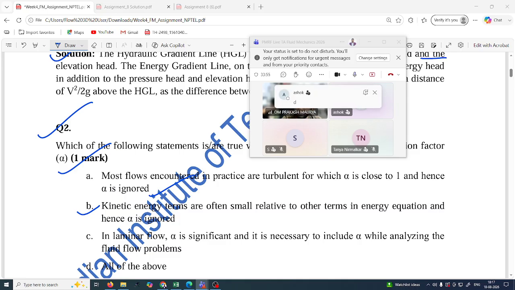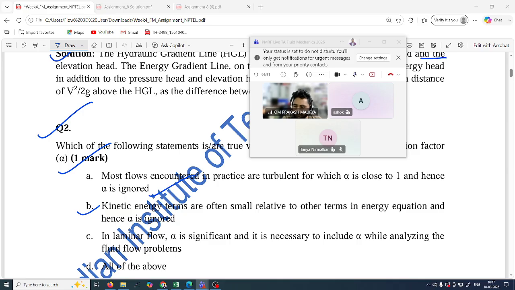Okay, so Alok is telling option D, as you have replied. Other participants, also please try to write your answer in the chat box. I'll wait one minute, after that I'll explain the question. I'm waiting for the other participants.